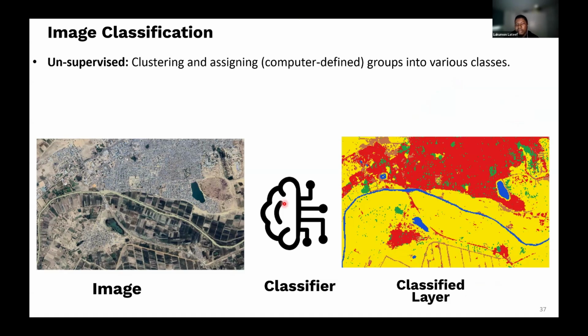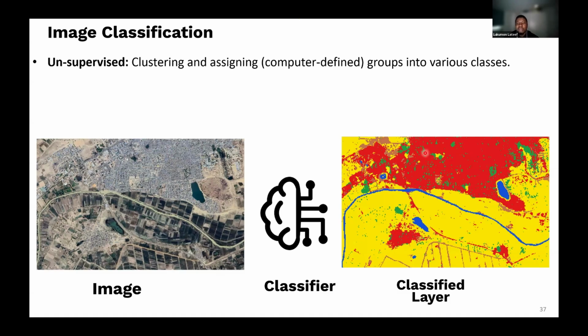You define the number of classes that you want as an output. Maybe you tell the algorithm to group the pixels in the image into, let's say, 10 classes. It will then give you the classes, and you interpret the classes as the features that you think they belong to.